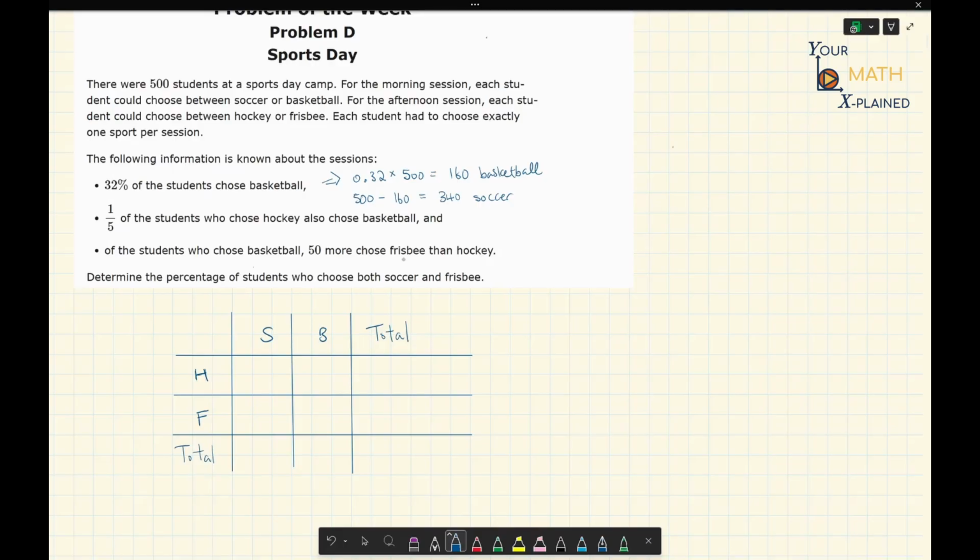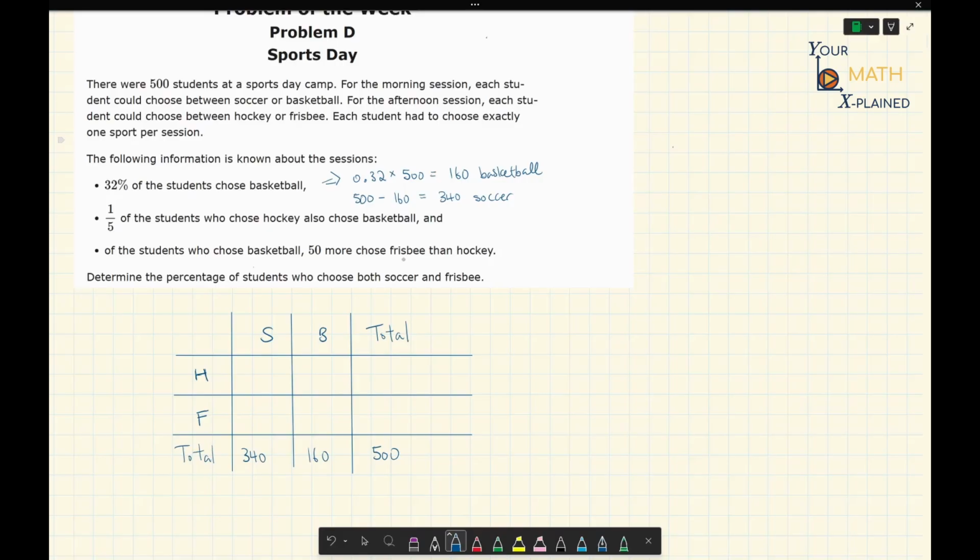So what we already know is that there are 160 basketball players and 340 soccer players for a total of 500 students altogether. That would be my summary table from the first bullet point.